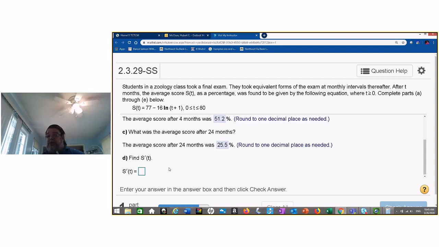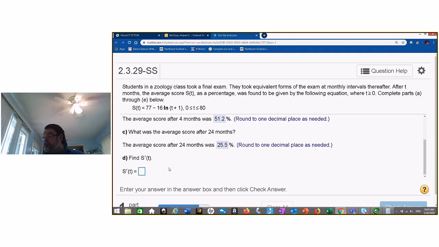Okay, the derivative of the natural log of a function is 1 over that function, so that would be 1 over T plus 1. So that's going to be negative 16 times 1 over T plus 1, because the derivative of natural log of x is 1 over x. So the derivative of natural log of T plus 1 is 1 over T plus 1.